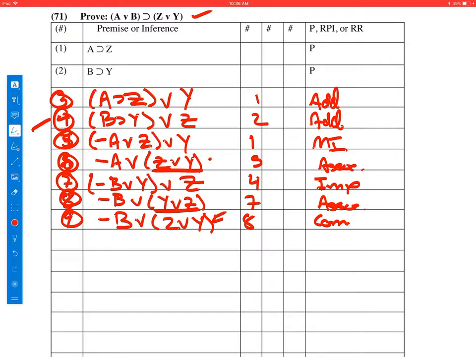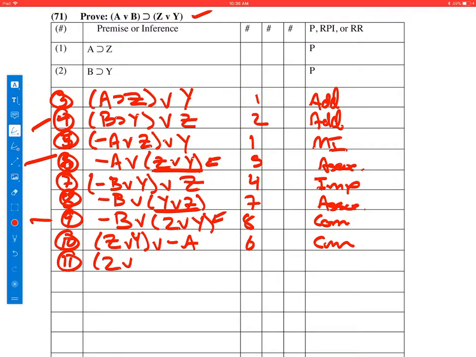So here's another thing that I want to do. I want to switch that disjunction into the front on both 6 and 9, 6 and 9. So let me work with 6 first. I get Z or Y or not A. And that was simply a COM move.